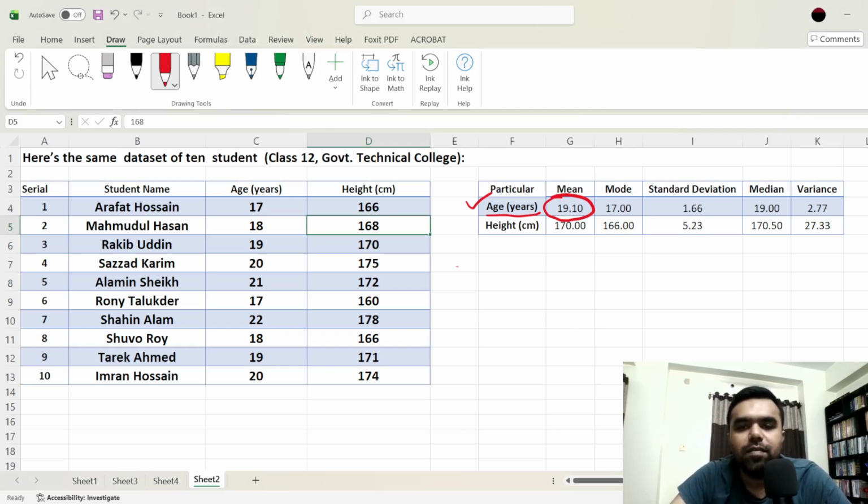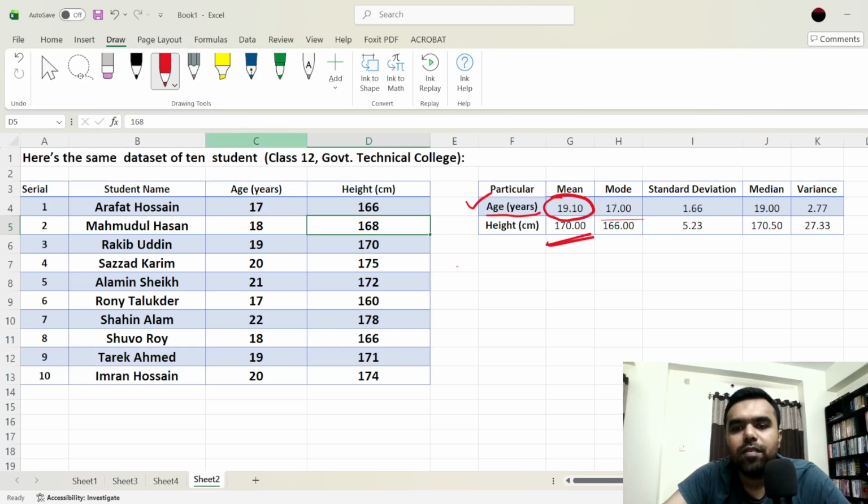The average height of the students is 170 centimeters. The mode is the most frequently mentioned value.